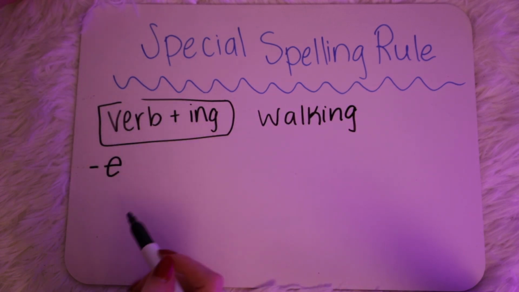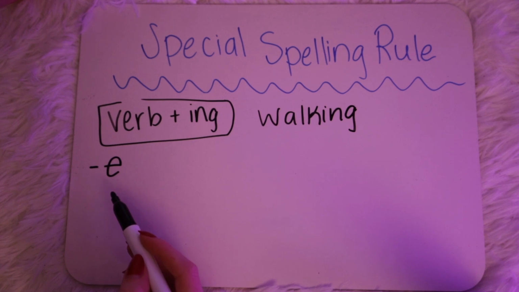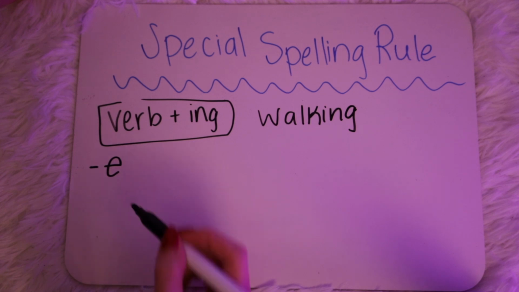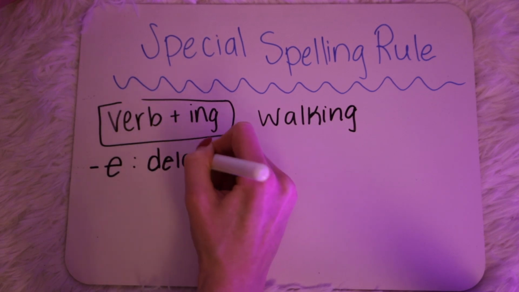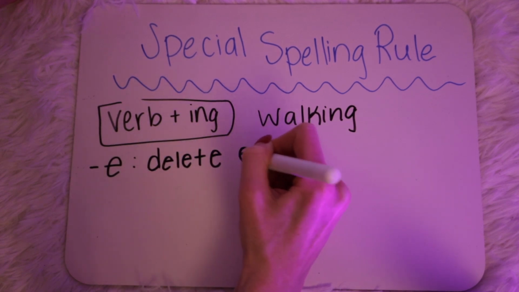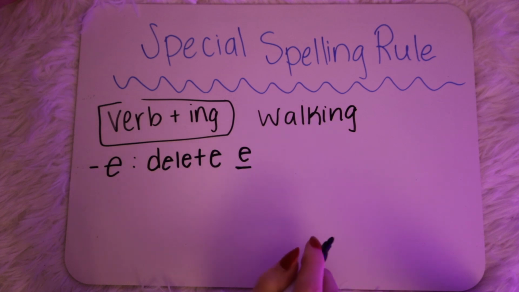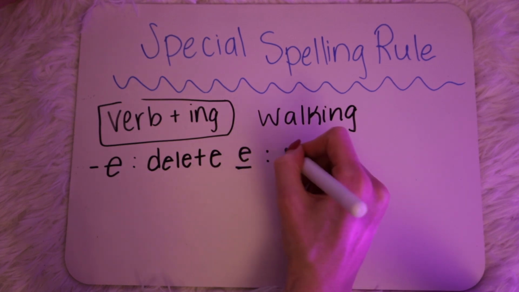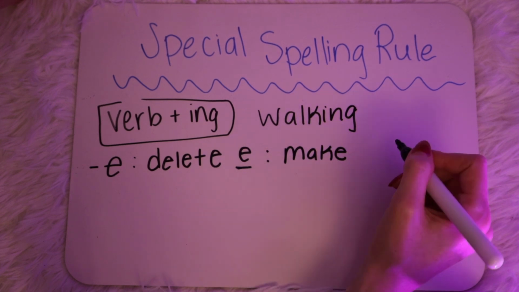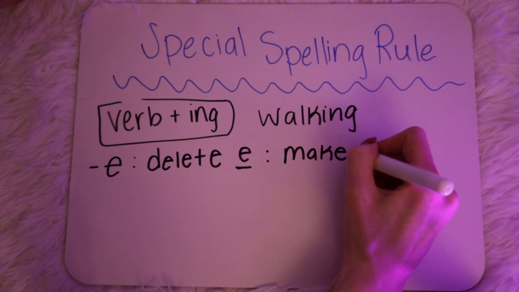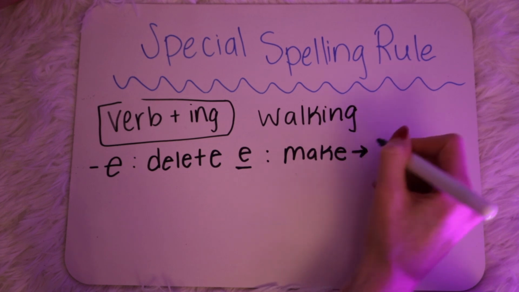For example, if our verb ends in an E, we need to delete the E and then add ing. Delete the E. For example, if the verb is make, then we need to delete the E and then add ing.